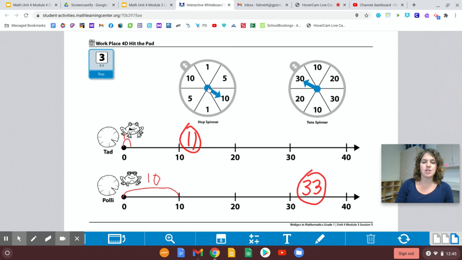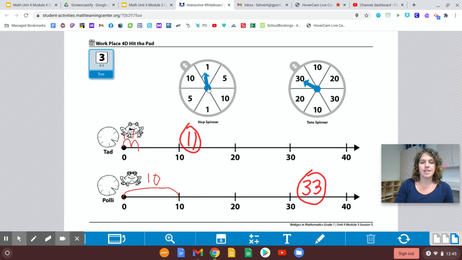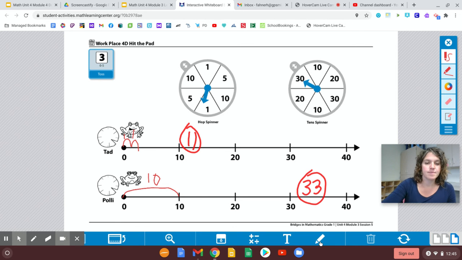So now it's Tad's turn. 1 more. Is he at 11 yet? No, not yet. Polly gets 1. Is Polly at the 33 yet? No. And you're going to keep playing until you get exactly on your magic lily pad.